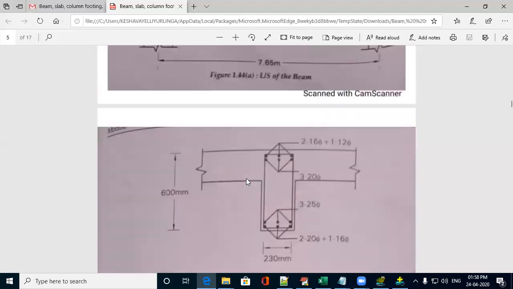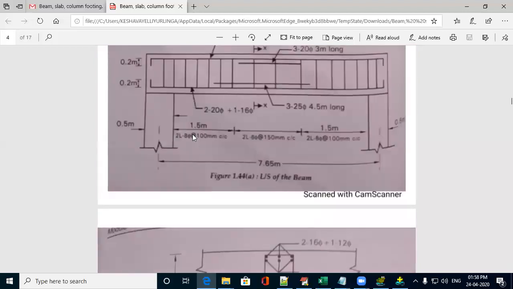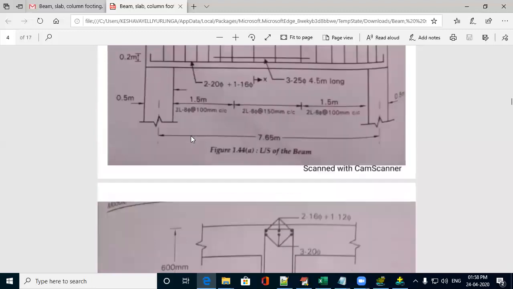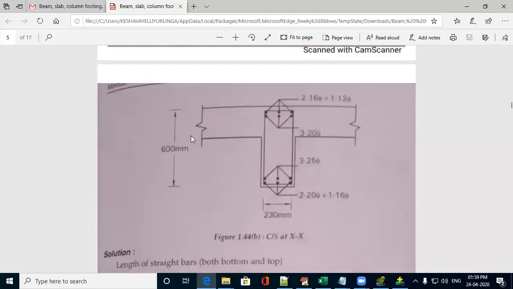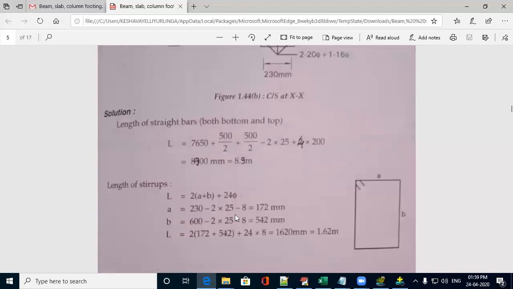They have given the diameter of the stirrups as 8 mm here. So it should be minus 8 by 2 minus 8 by 2. Altogether you can directly take it as minus 8, so that you will get 172 mm on this side.